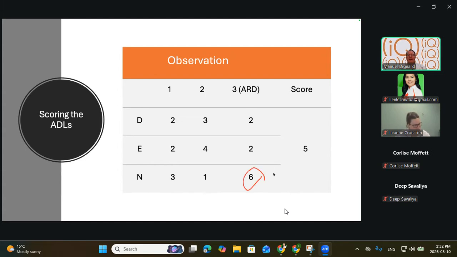So as soon as any of these is a 6, you end up with a 5. Doesn't matter how many 6s. You could have between 8 and 1. As long as you have a combination of 6 and something else, you will end up with a maximal as final for that ADL.